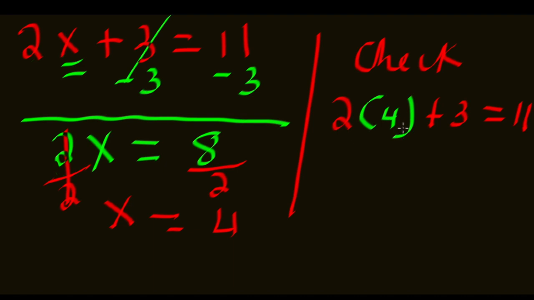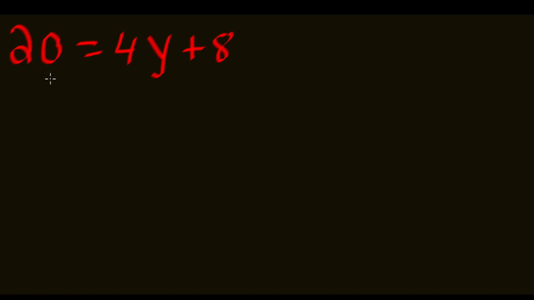Now 2 times 4 is 8. 8 plus 3 is 11. So whenever both sides turn out to be equal, it means that the answer that you get for the variable is right. Because this is an equation, both sides turn out to be equal. 11 equals 11.